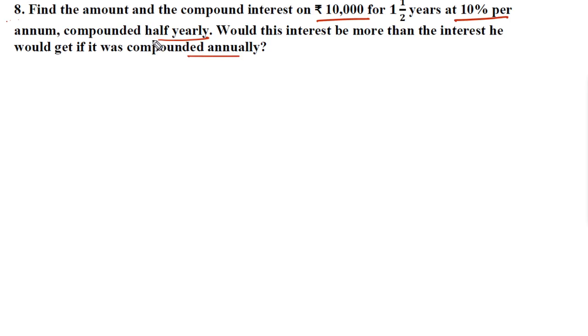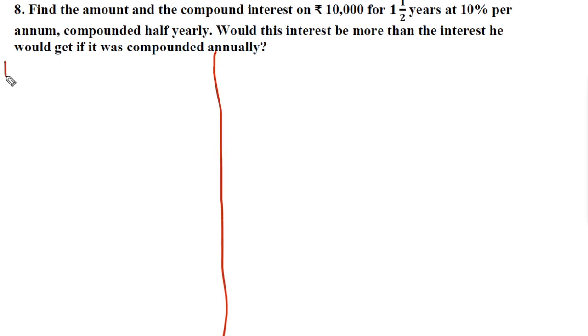So first of all, we have to find the amount and compound interest half yearly. Then we have to find the amount and compound interest annually. Then after finding, we have to compare whether the interest would be more or less. Okay. So here are two cases. First case is half yearly, second case is annually. So let's start.